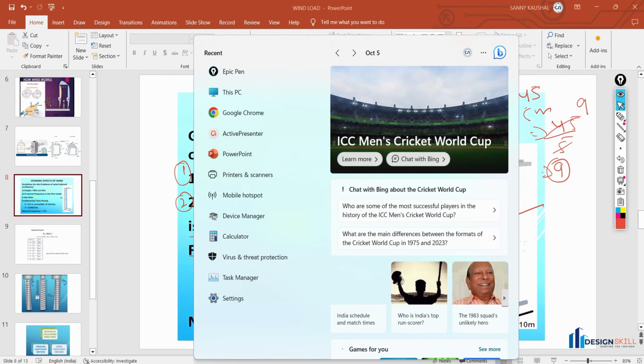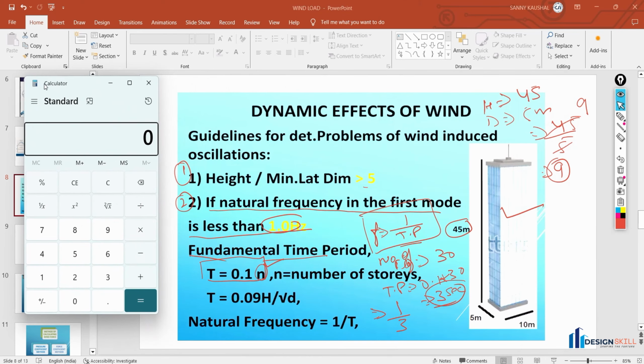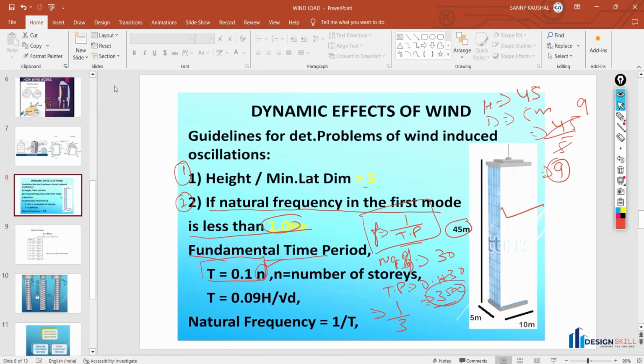You can open the calculator, 1 divided by 3 is coming 0.33. So the frequency is 0.33 Hertz. Now what is the condition here? If the natural frequency in the first mode is lesser than 1 Hertz, generally yes, 0.33 is lesser than 1 Hertz, then I require to apply the dynamic effect of the wind.